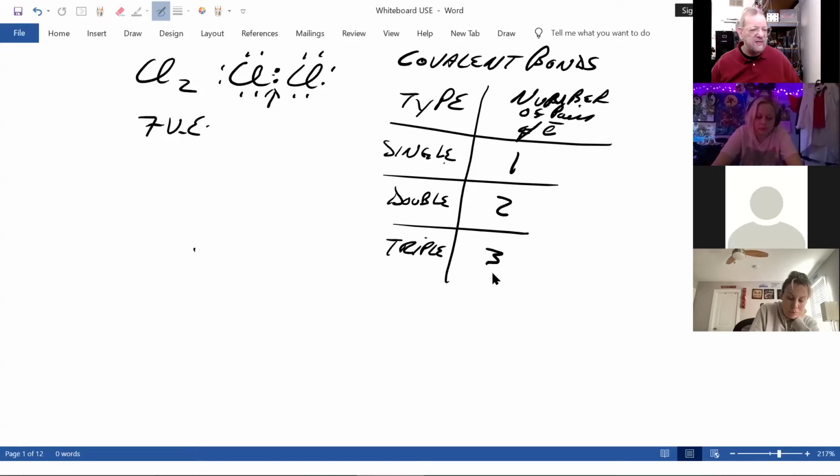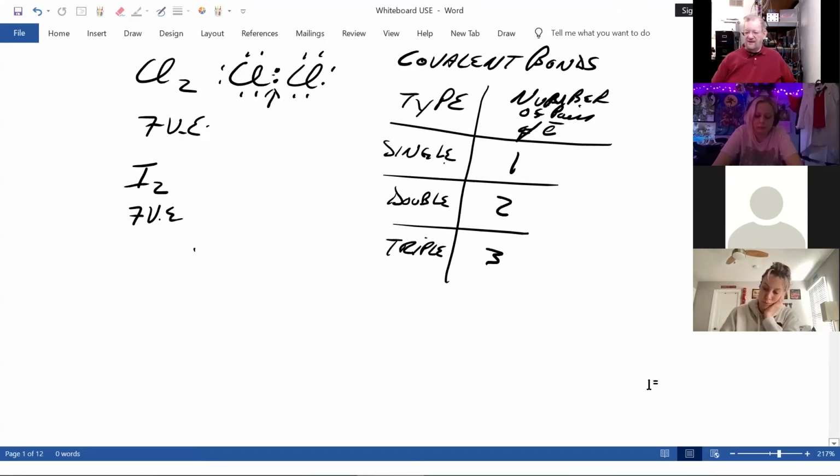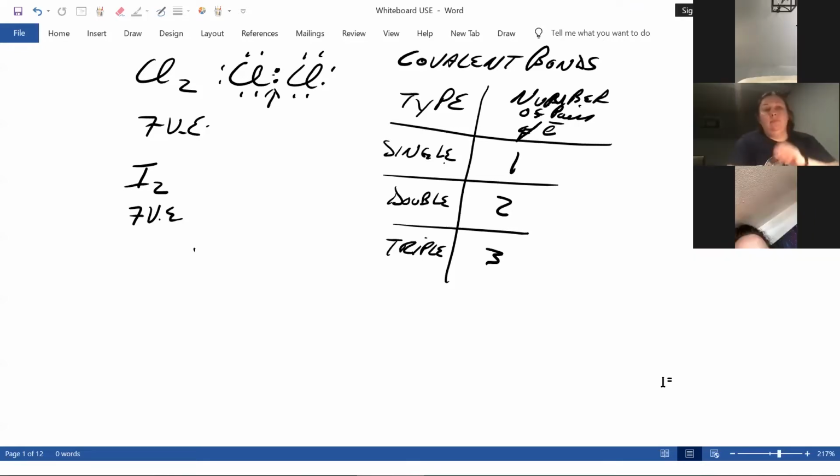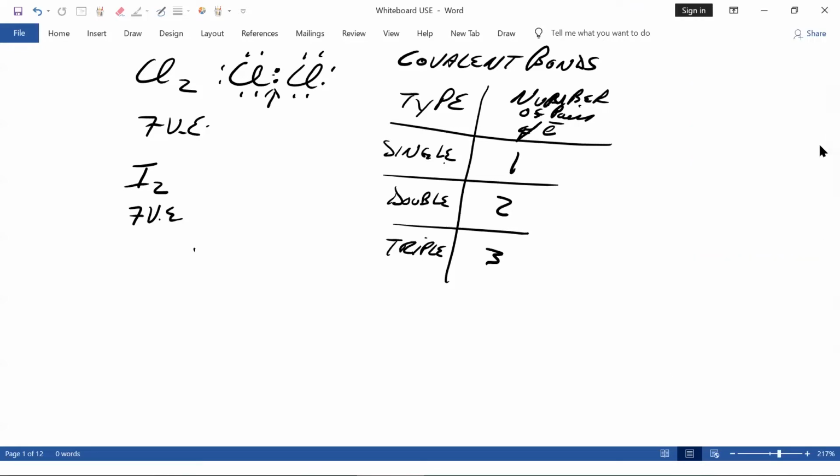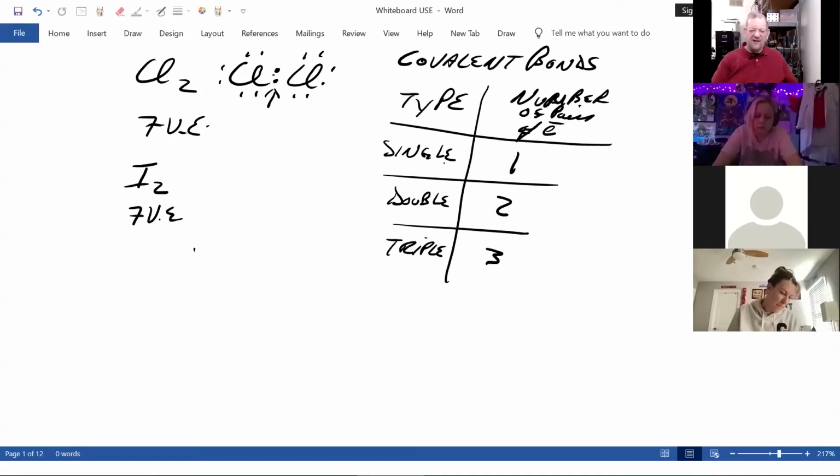Now, why don't you try drawing the Lewis structure for iodine, I2? And it looks like everybody's done, so I'm gonna go do it.